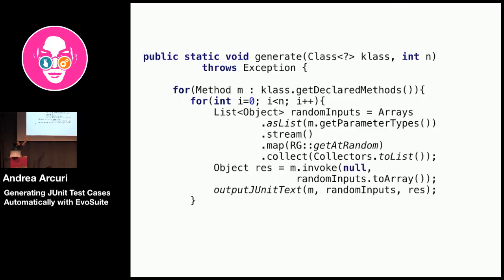Then for each input of that method, you get a random value somehow. If it's an integer, it will be a random integer. If it's a string, it's a random string. You invoke that method with that random input. And then you get the result, and then you write it to a JUnit file. So this is how a high-level random testing tool will look.